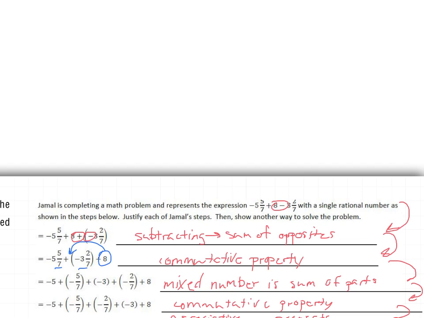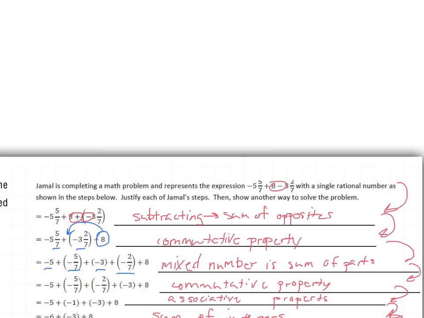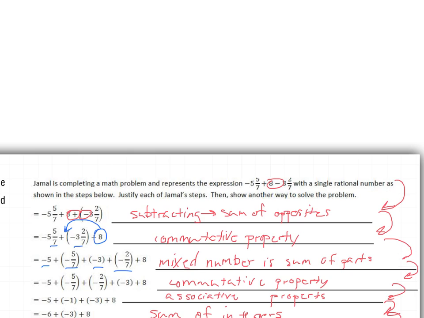The next one, it looks like we've broken apart each of these individual mixed numbers into an integer and a fraction. So our justification here is the mixed number is the sum of parts. Here it looks like we've used, once again, the commutative property to rejoin these -2/7.